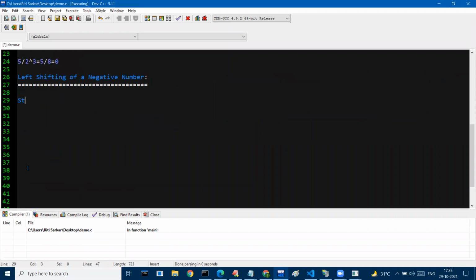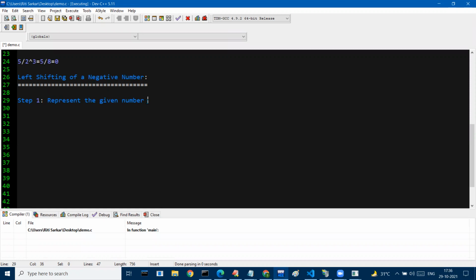What is the algorithm we are going to follow? Step 1: represent the given number, a negative number. Negative numbers are always represented in computer memory in 2's complement form.